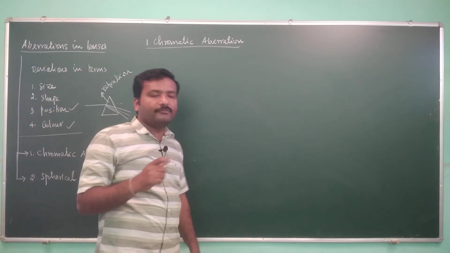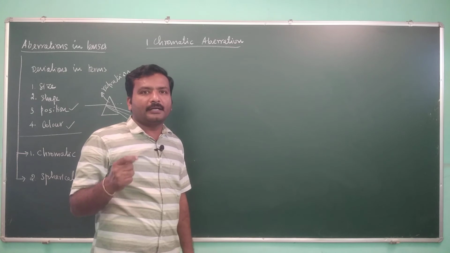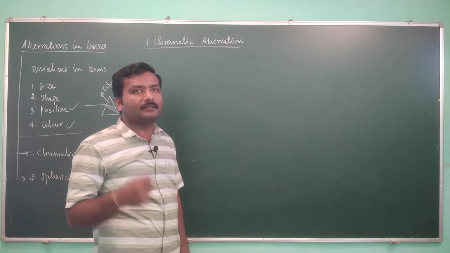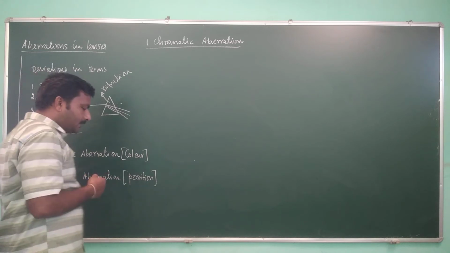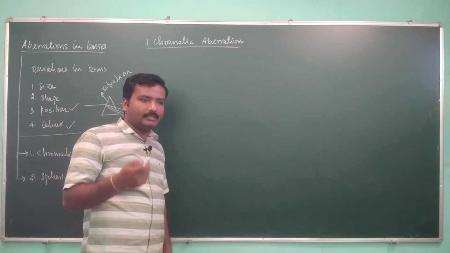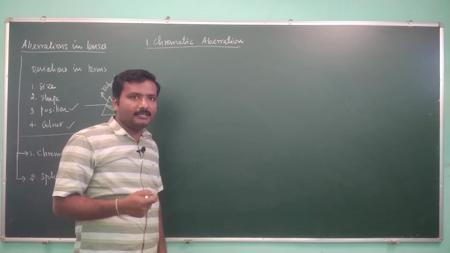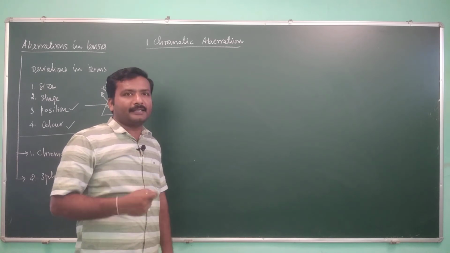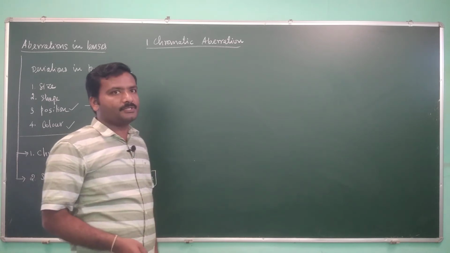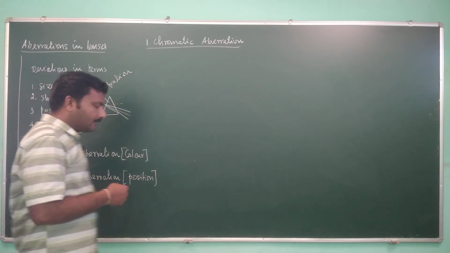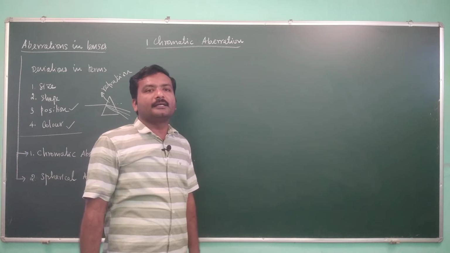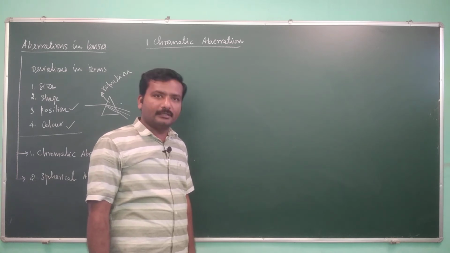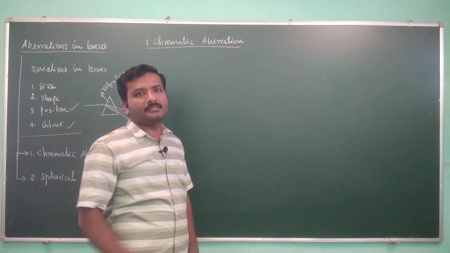So the lenses are made up of different kinds of glass materials like crown or flint material, right? When a white light passes through this glass lens, this lens will act like a prism in some sense, so that when a white light passes through the lens, it undergoes refraction, and that depends on wavelength.